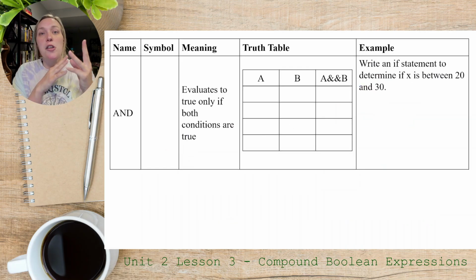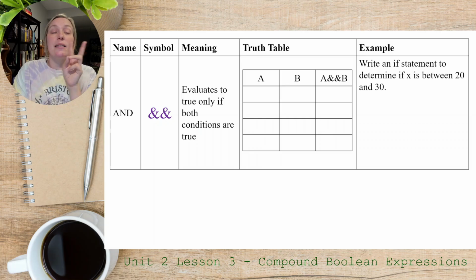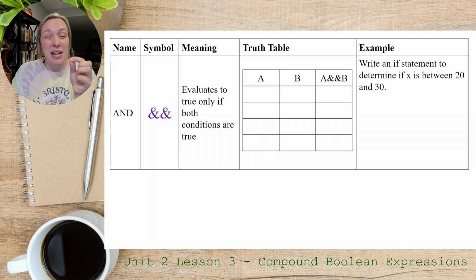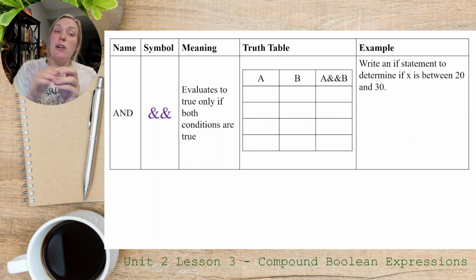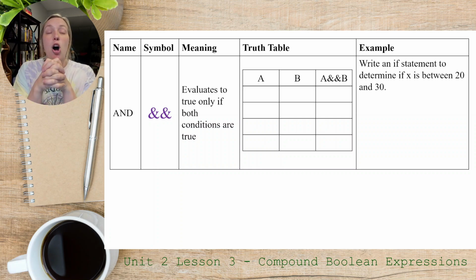Now there are 3 Boolean operators we're going to be talking about: and, or, and not. The first one, and. The symbol in Java is the double ampersand. It's above the 7 on a keyboard. This Boolean operator evaluates to true only if both of the conditions, or both of the expressions, are true.